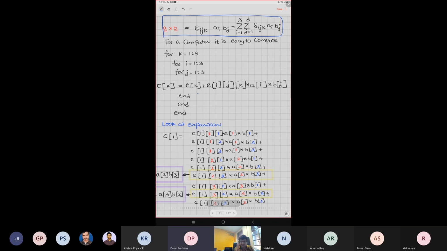A cross B means epsilon ijk a_i b_j. Which indices are repeating? i and j are repeating. That means I need to use double summation: i equals 1, 2, 3, j equals 1, 2, 3, epsilon ijk a_i b_j.